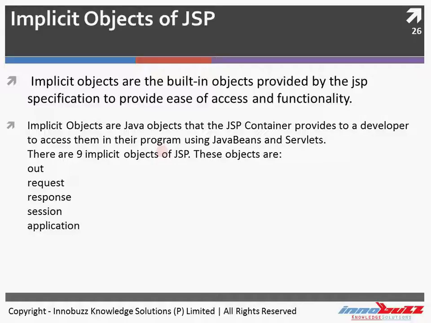Application. The application object is available to all clients. It shares data on all application pages. The application object can be used to share data, log messages, track user hits or access server information.